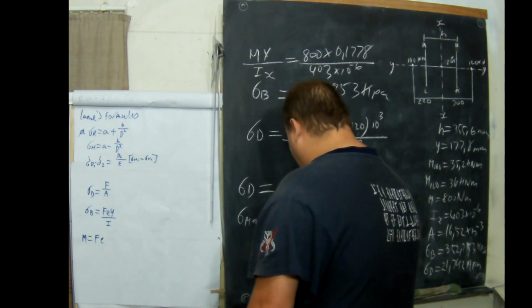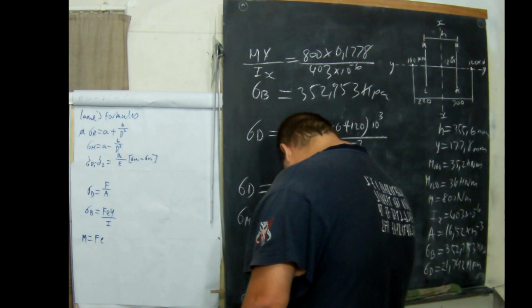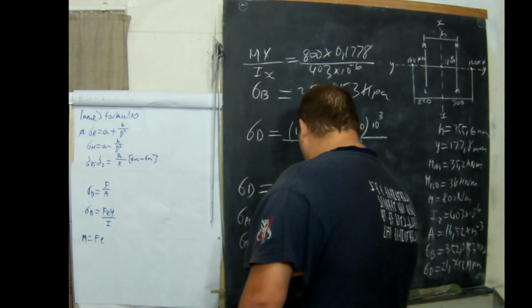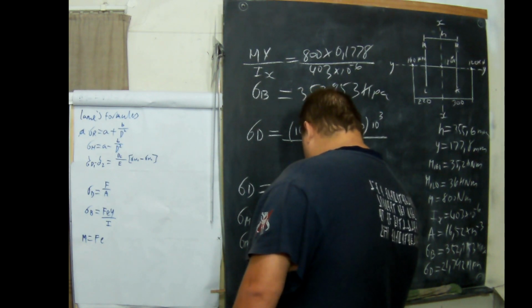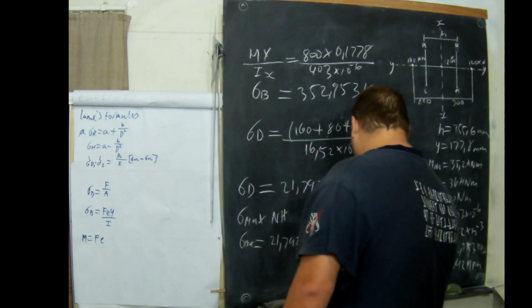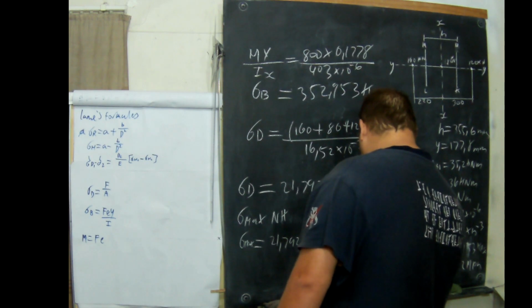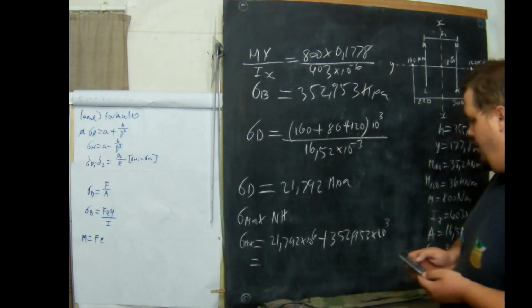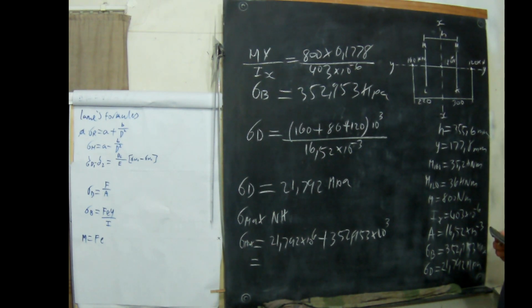This is the max at NK, which equals 21,792 times 10 to the 6 plus 352,953 times 10 to the 3.